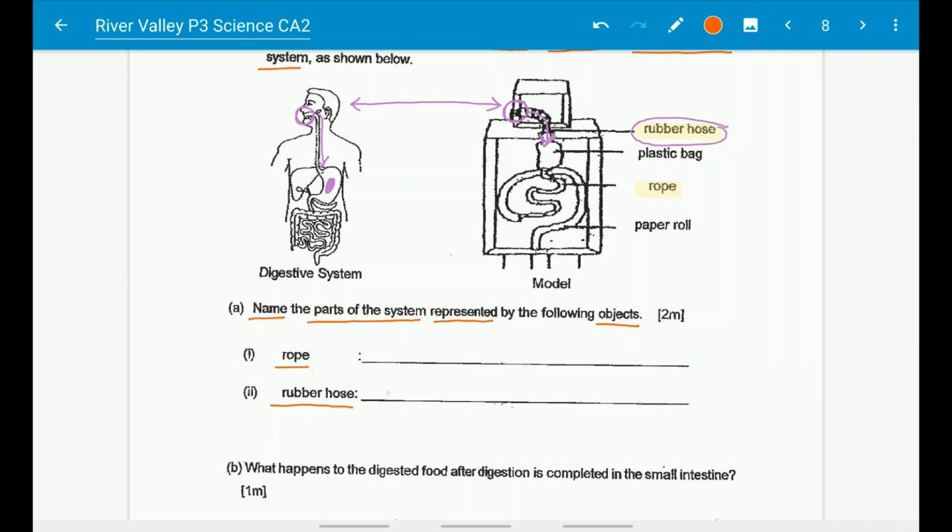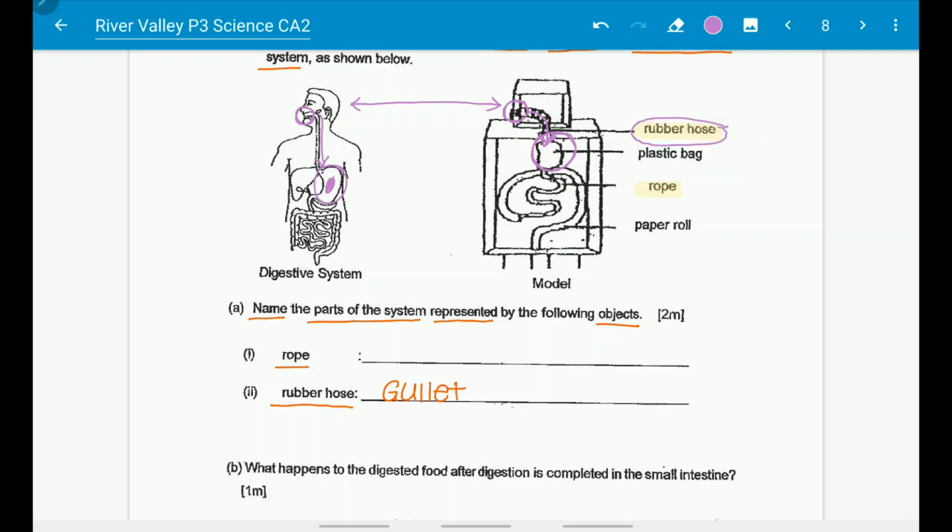It's called the gullet, which is just a tube which the food uses to travel from the mouth to the stomach. Now the stomach is this big bag, like a sack, and that is represented by a plastic bag in Andrew's model.